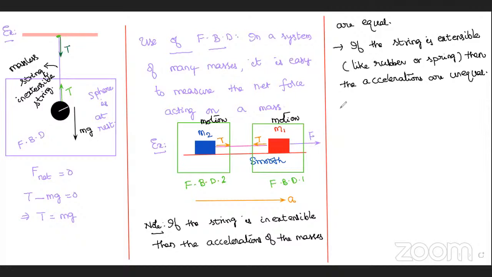So both are in motion, which implies I have to write here: F net is not equal to 0, since they are in motion, on both the masses.